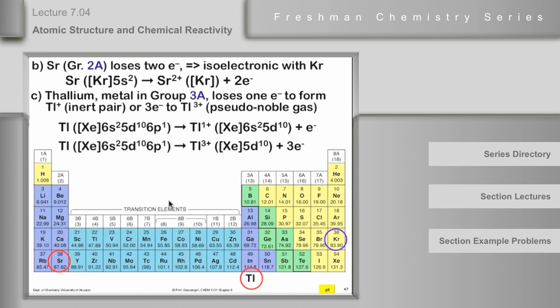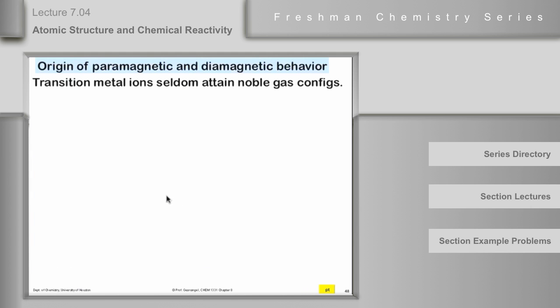But that's the most common thing, a +2 and a +3. Now, experimentally, when you form an ion from a transition metal, the chances are very high that that ion is going to have one or more unpaired electrons because of the factors that we've described so far. Transition metal ions rarely attain a noble gas configuration.